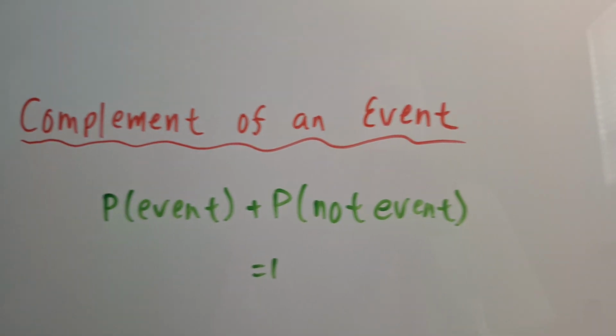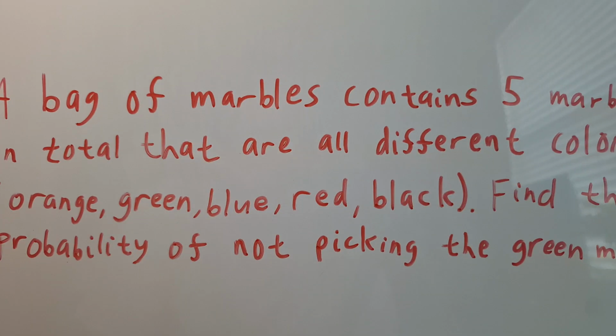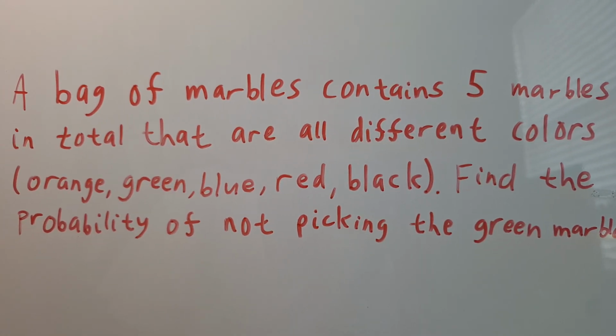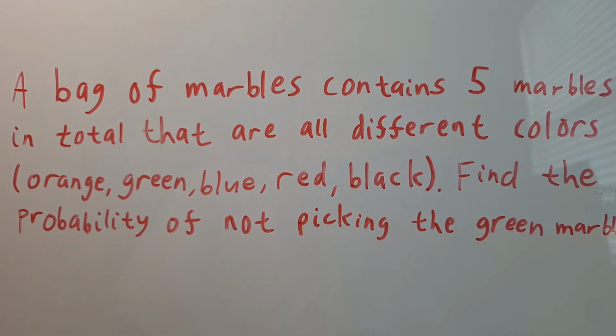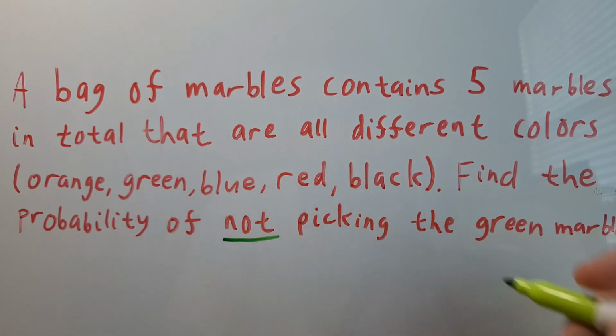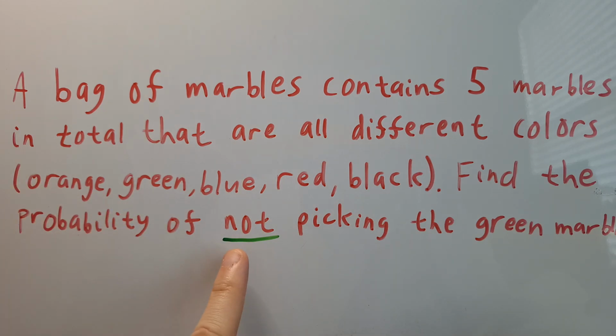Let's work out another example. A bag of marbles contains 5 marbles in total that are all different colors, specifically orange, green, blue, red, and black. Find the probability of not picking the green marble. That typically lets you know when you're working out a problem dealing with the complement of an event is that it will say not.